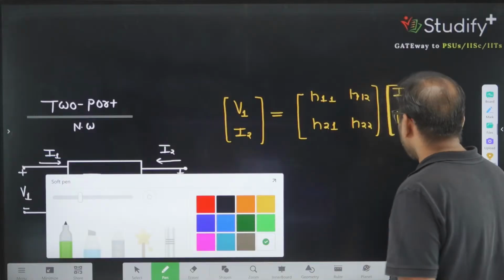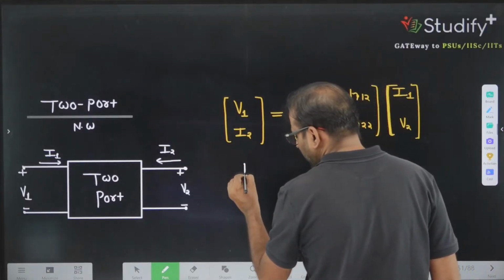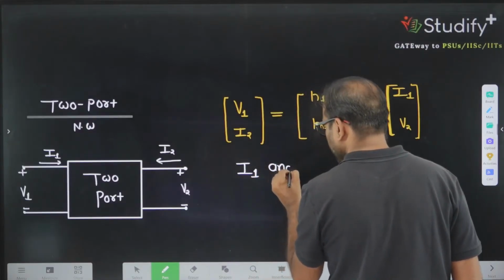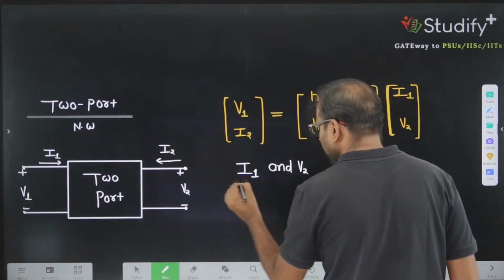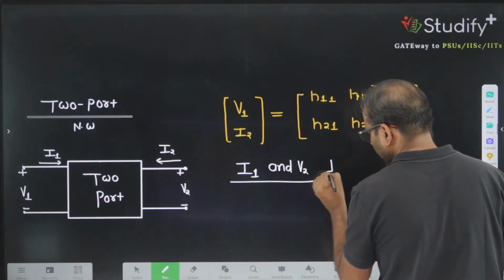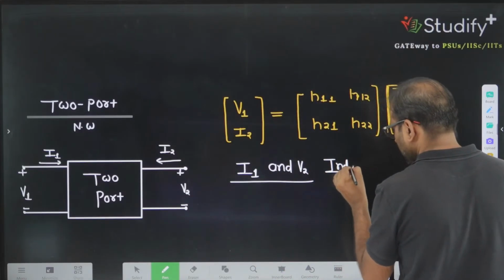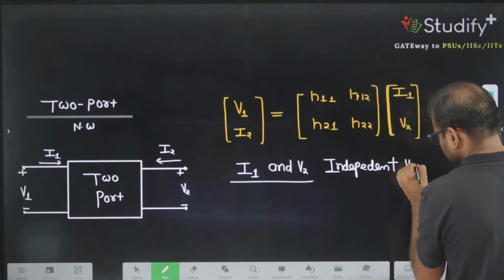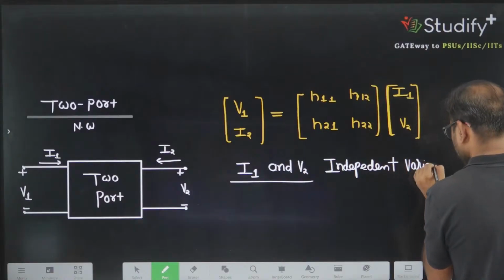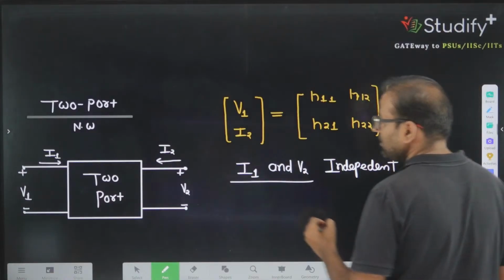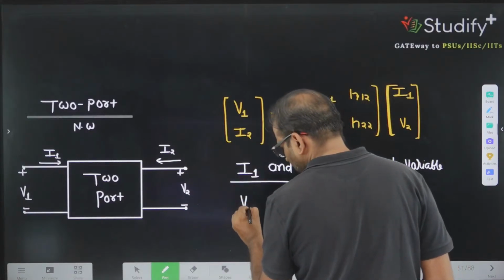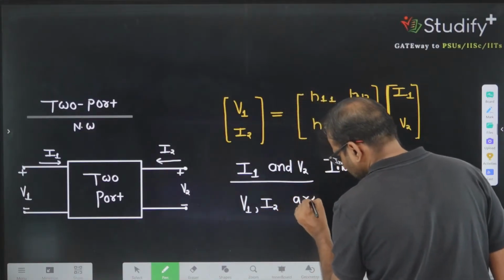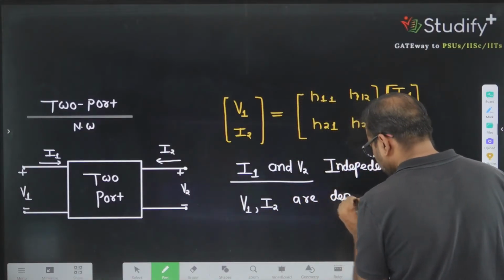So you can say I1 current at input port and V2 are independent variables, while V1 and I2 are dependent variables.